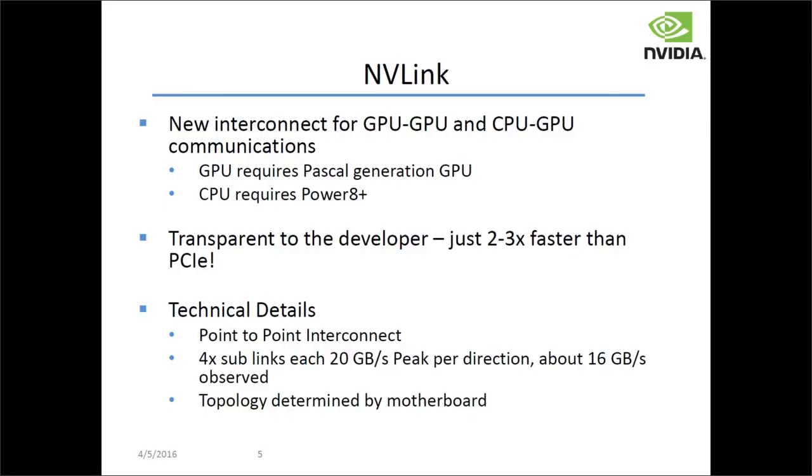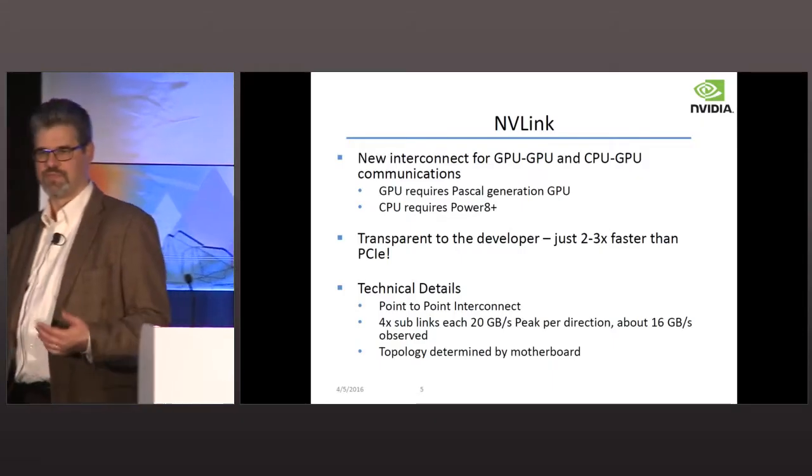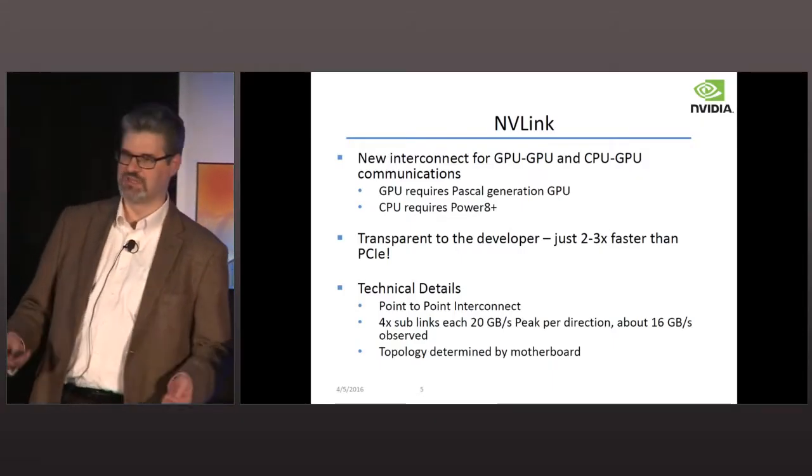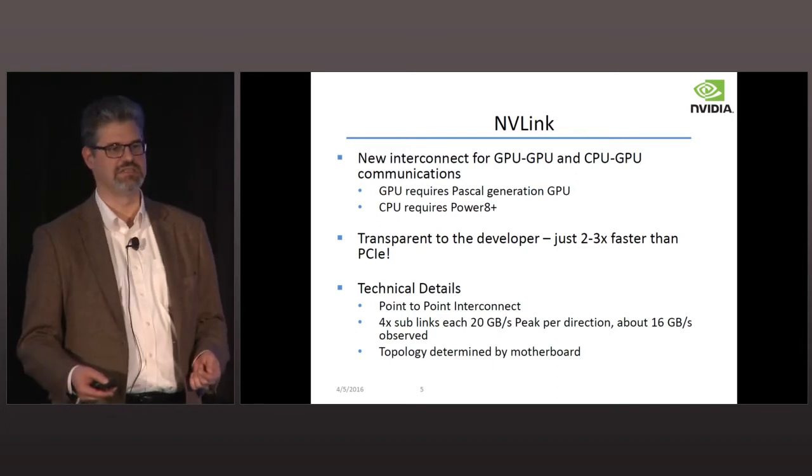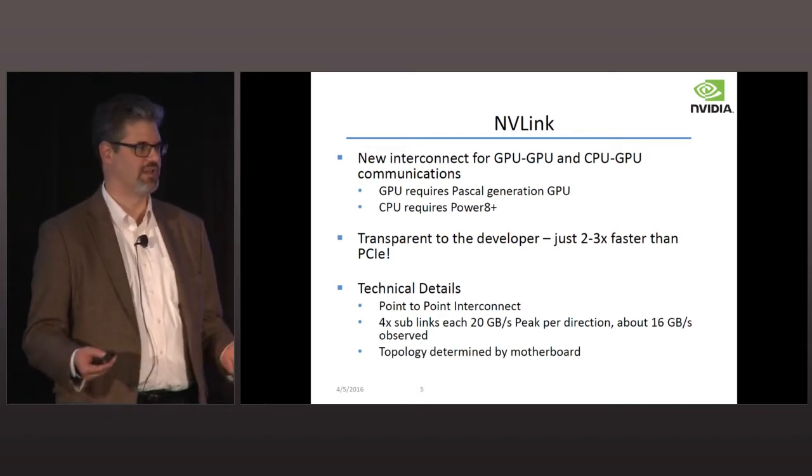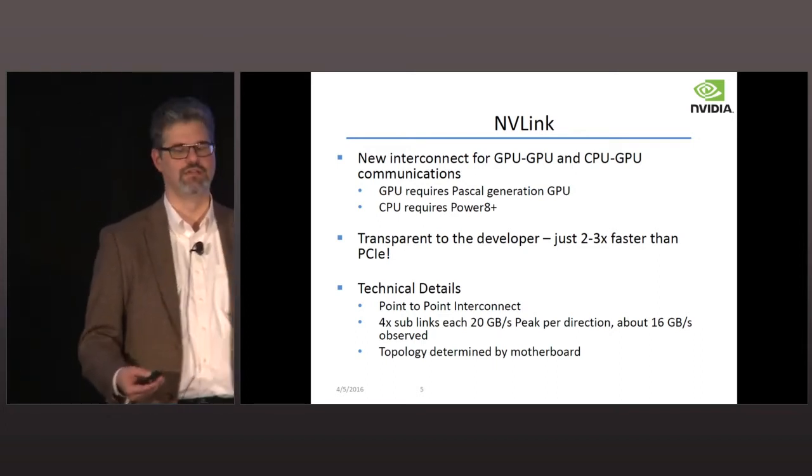One of the differences is NVLink, and one of the things we didn't want to do was make that hard to use. So NVLink is transparent to the developer. From a hardware architect's perspective, it's not transparent at all. It's not PCIe. It's a separate electrical interconnect. It's a new thing. There's a lot of innovation, a lot of effort went into making that fast and energy efficient and scalable.